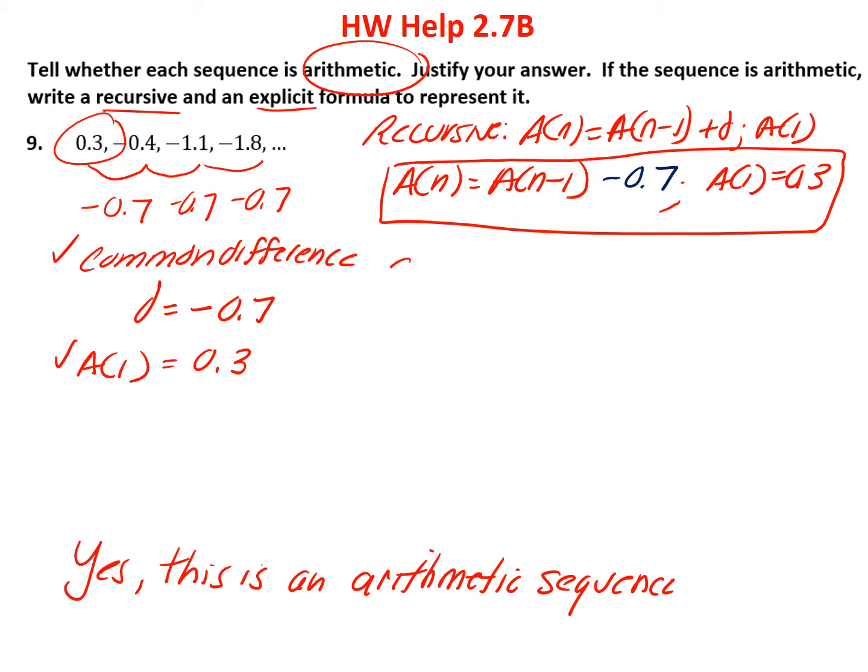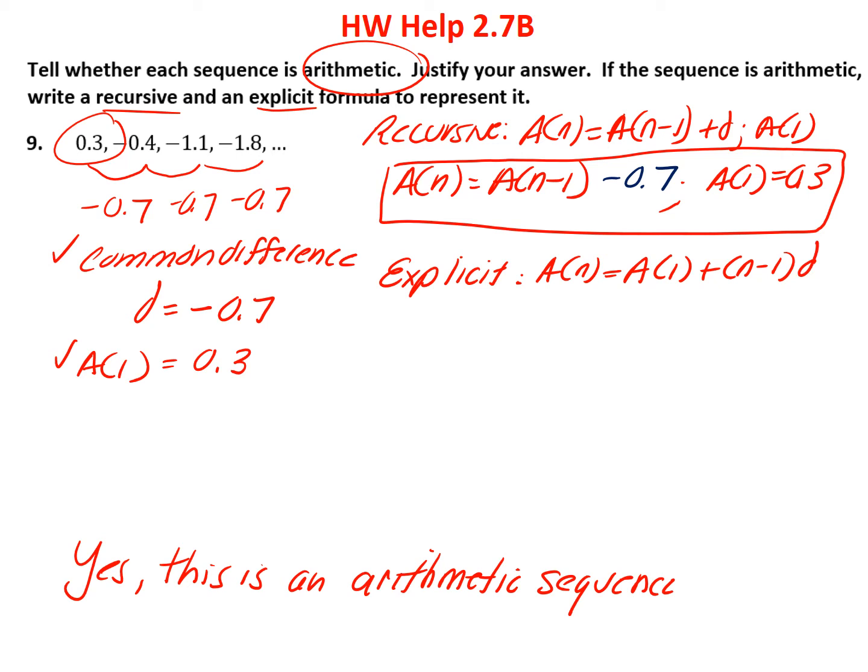For the explicit term, a_n equals the first term plus n minus 1 times d.